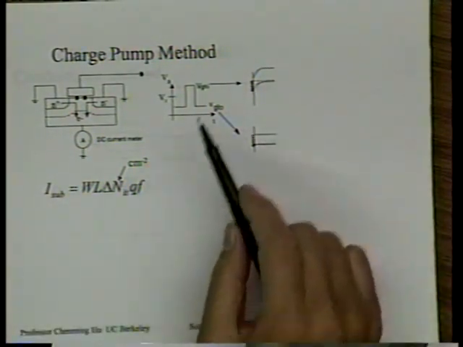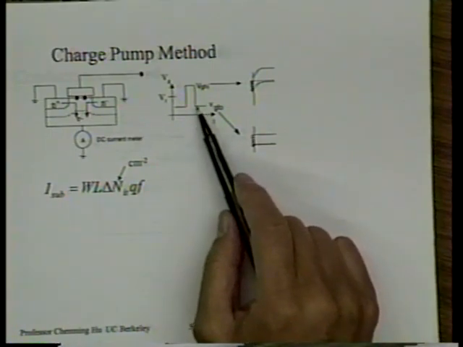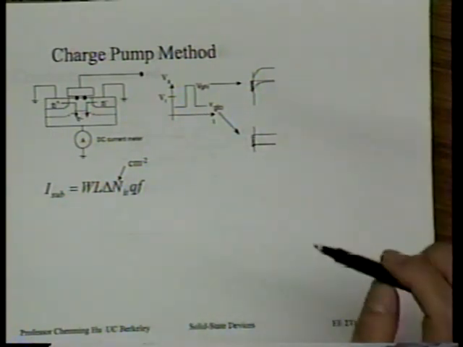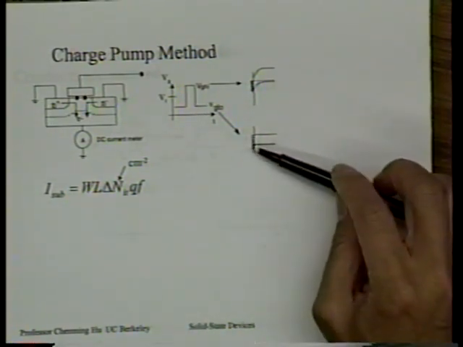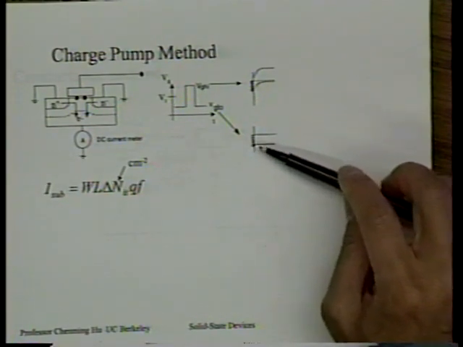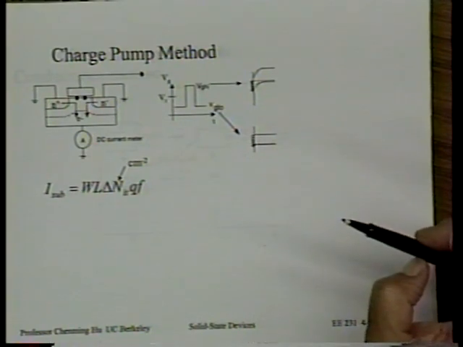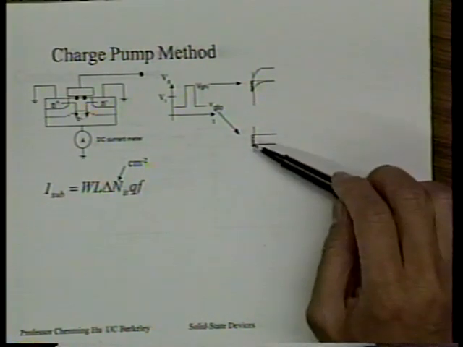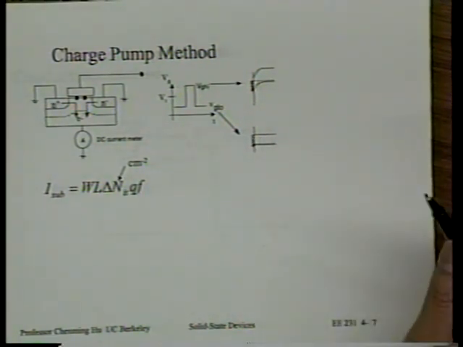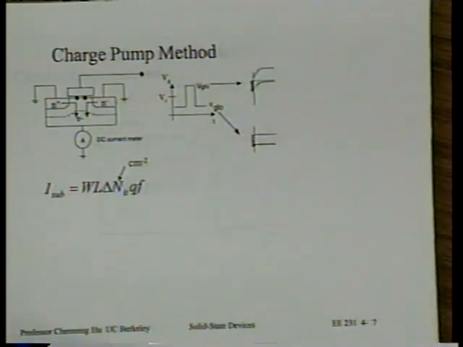Next, we suddenly change the bias to try to create this. So now the trap is going to be above the Fermi level. Are you following me? But will the electrons come out of the traps right away? Let's remember, there's a time delay, so there may be some time before they come out.